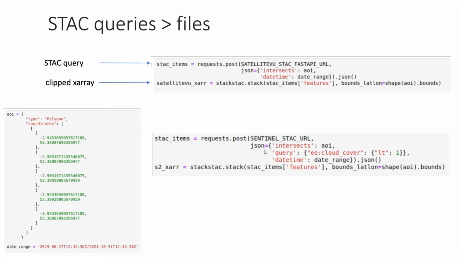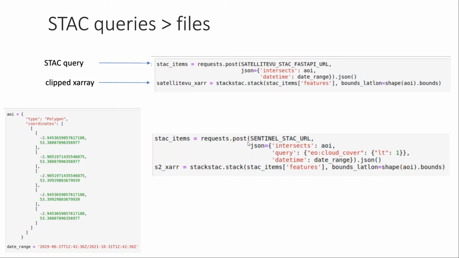This is quite a simplification because obviously I'm leaving out pagination and things here. But one of the things I like about StackSTAC is the flexibility that you can just pass it a JSON object and it will interpret it. And a top tip, if you don't want to worry about pagination, just pass any cloud cover filter if you're working in the UK and Ireland, and you don't have to worry about page 2.